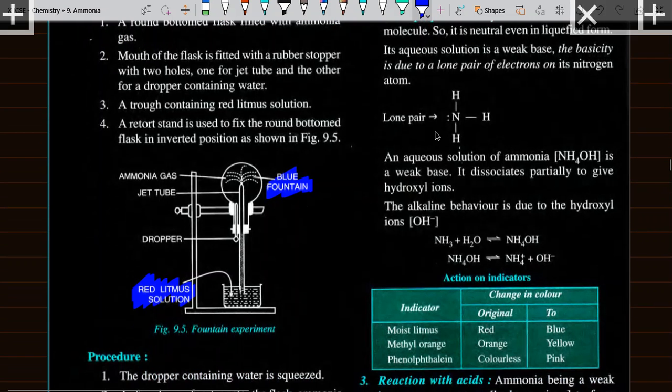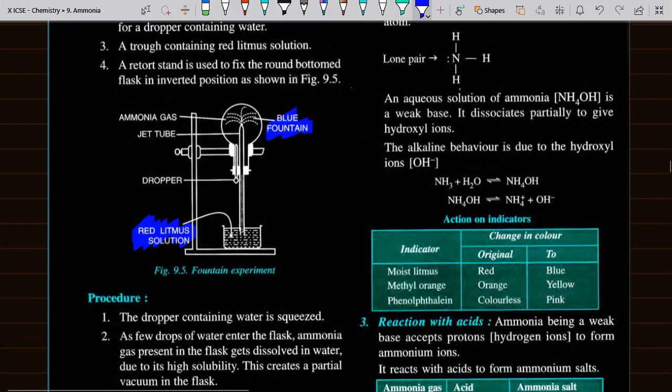Its aqueous solution is a weak base. The basicity is due to lone pair of electrons on its nitrogen atom. An aqueous solution of ammonia is weak base. It dissociates partially to give hydroxyl ions. The alkaline behavior is due to hydroxyl ions, OH minus.